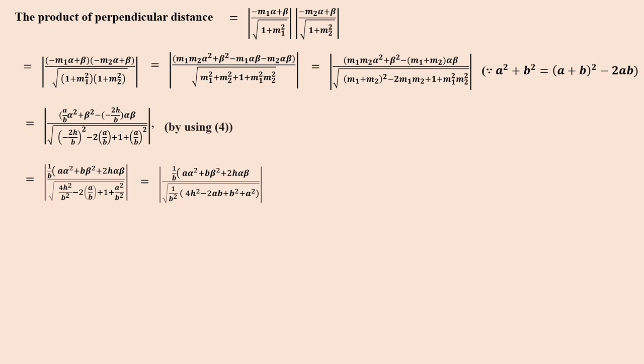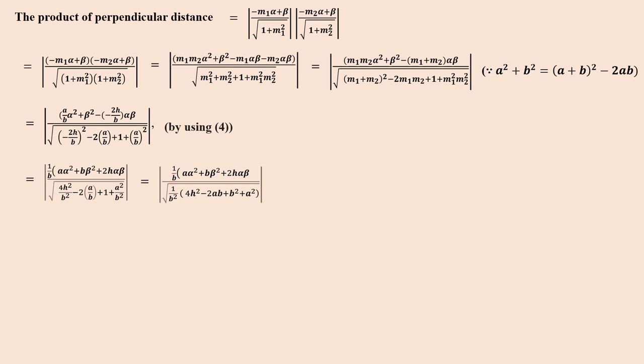So that is equal to 1 by b, a alpha square plus b beta square plus 2h alpha beta, divided by, in the denominator we are taking b square as the common LCM, so 1 by b square within the square root. The first term is 4h square, but the second term has b in the denominator and we need b square, so multiplying with b, minus 2ab plus, there is no denominator for 1, so 1 into b square plus b square plus a square.